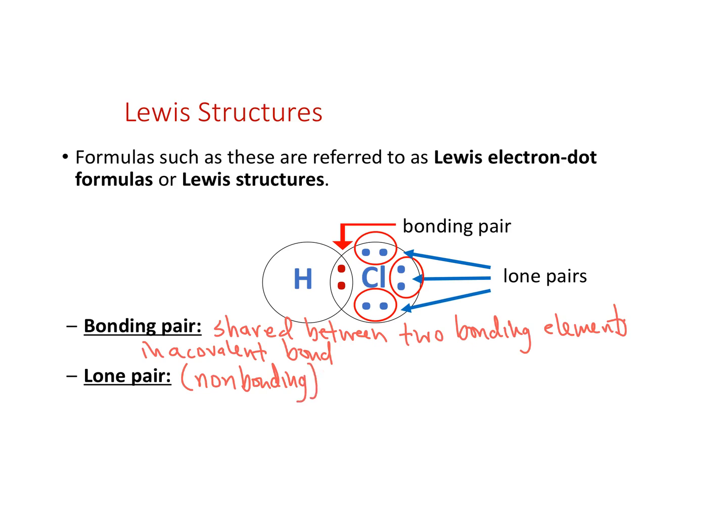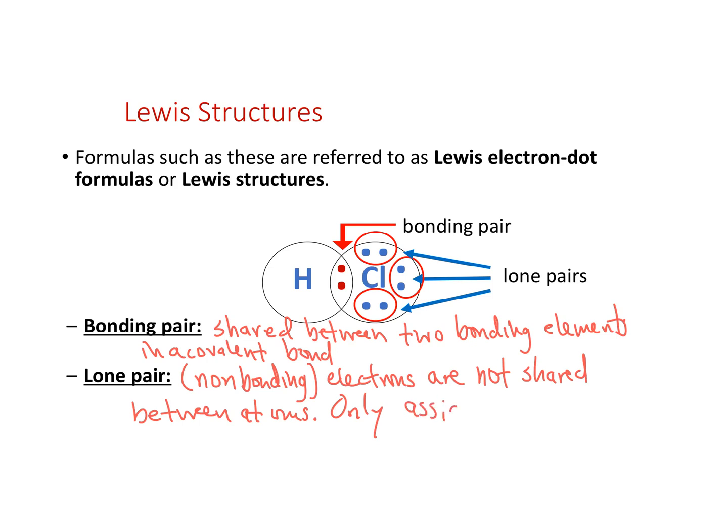These electrons are not shared between the atoms. They are only assigned to one atom. So they belong to chlorine and chlorine alone. And as you'll see, those are pairs of electrons, right?